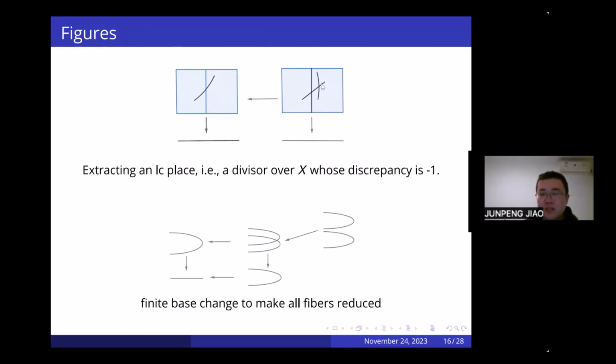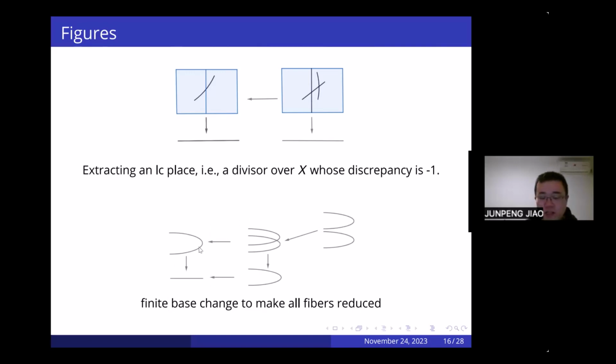And notice that the multiplicity of this new divisor is equal to the multiplicity of this one plus this one. Suppose these two are reduced, then the multiplicity will be 2. But after a finite cover, it will be 1. So this is a figure to explain why we can reduce the multiplicity.